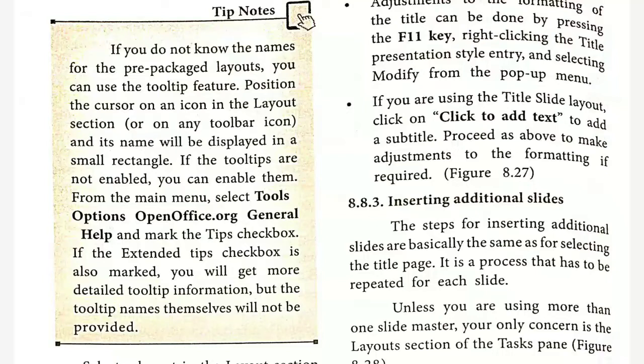Okay, so here you can see that there are some options to extend the tooltip checkbox. There is an option which is known as Help in the general settings. When you tick the checkbox, then it will show you this tooltip.